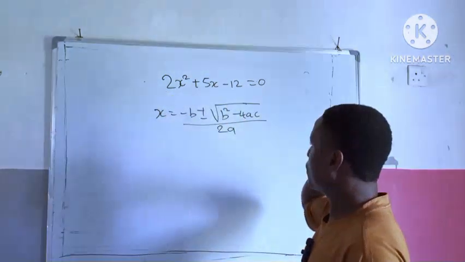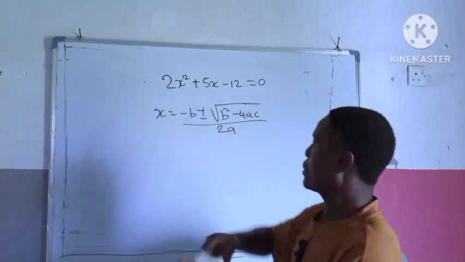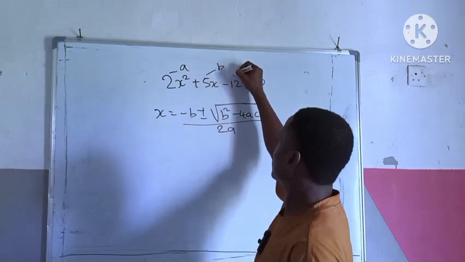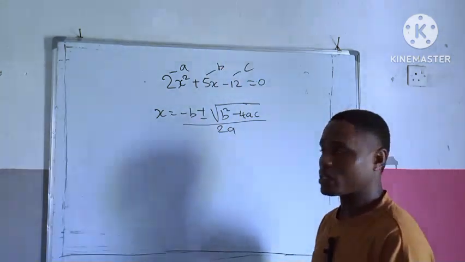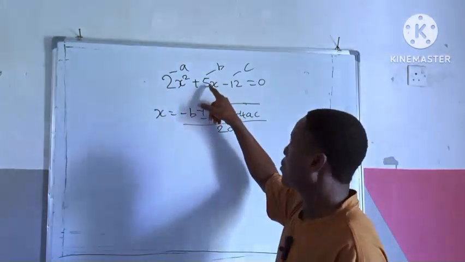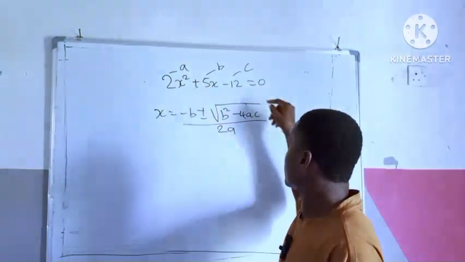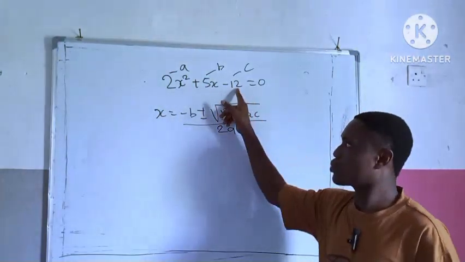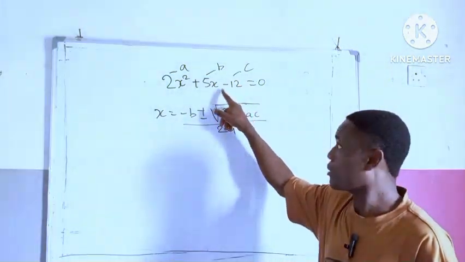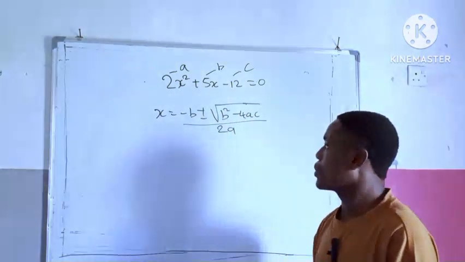This one is a, here is b, and here is c. So a is 2, b is 5, then c is minus 12. It's not 12, it's minus 12. We have a minus here, so take note.